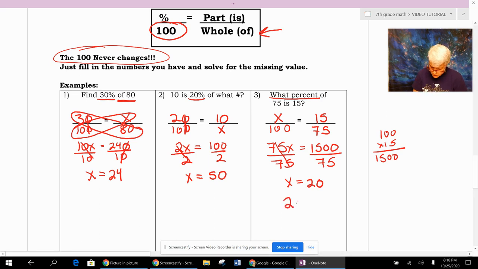It is super important that I put the percent sign on there, because 20 and 20% are two different numbers. Think about it. If I ate 20% of a pizza, or if I ate 20 pizzas, that's a big difference. So just make sure if it's a percent that you add a percent sign, because otherwise your answer really is not correct.